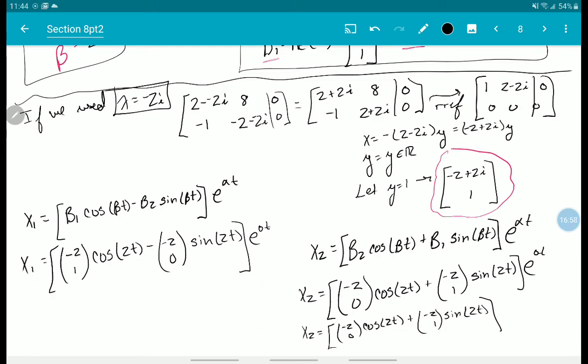So there's our x2. Our x1, I'm going to simplify this. This is negative 2 and 1 cosine of 2t. I'm going to distribute that negative also just to clean it up. Sine of 2t. So we have x1, we have x2. The general solution would be c1 x1 plus c2 x2.